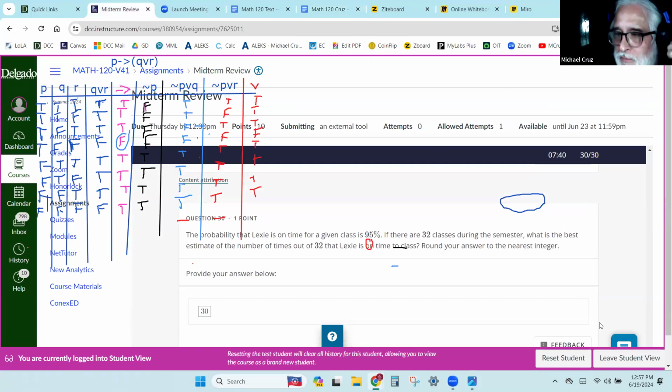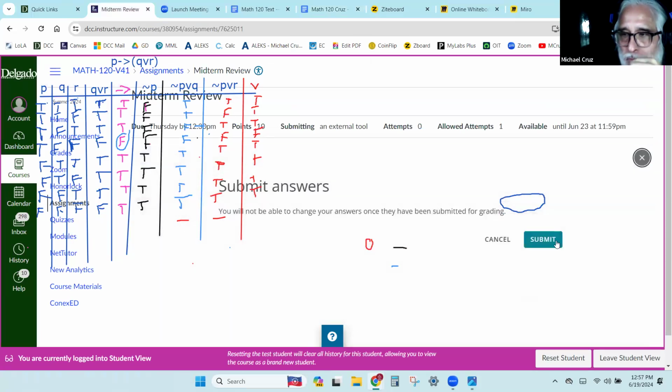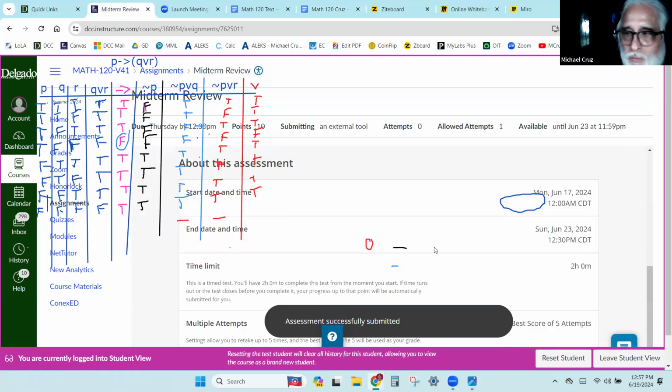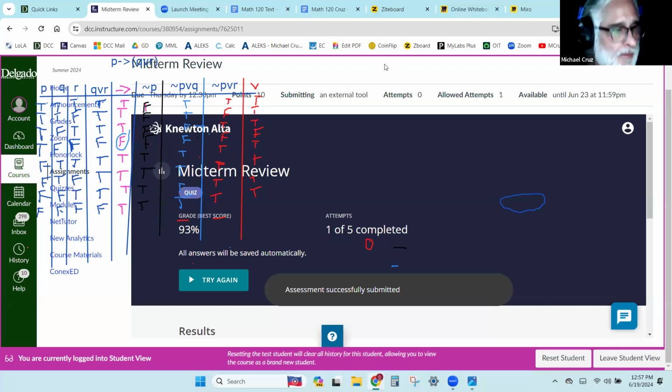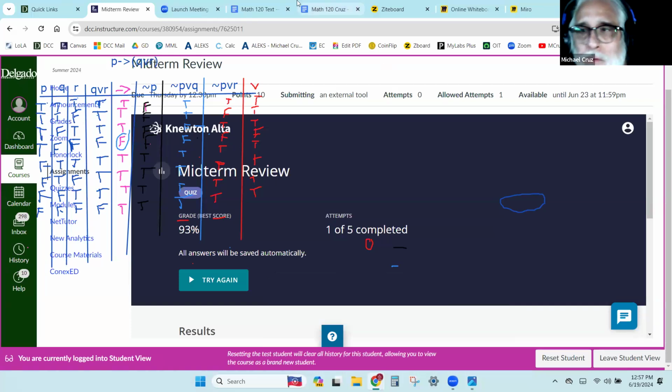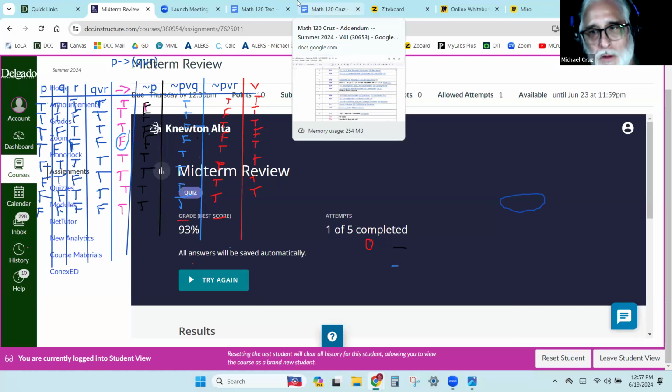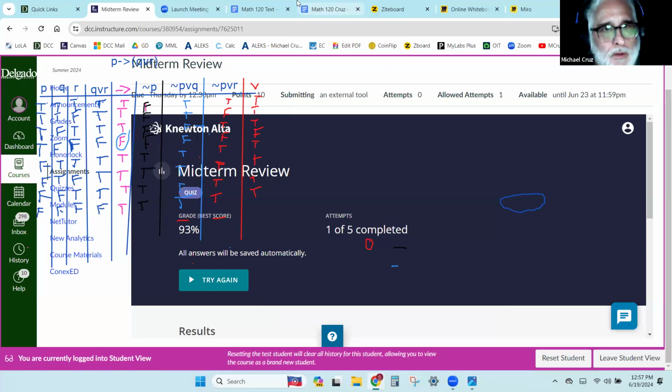Let's see if there's something I can fix. All right. Let me go see if there's something I can fix. Hold on. It's crazy the way this works. You got to make sure that things on the Newton side match what's in Canvas.